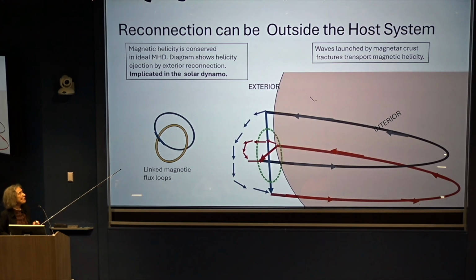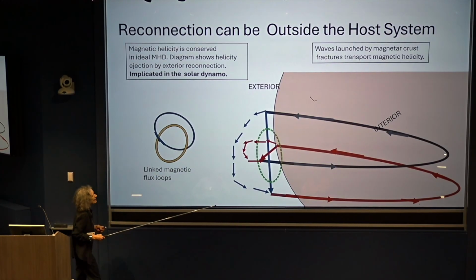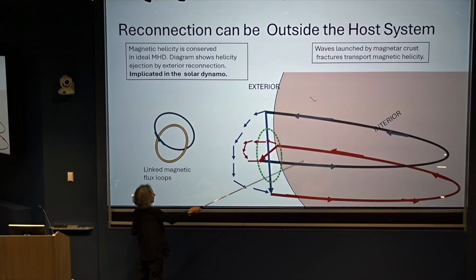But I want to make one more point about reconnection, which is that it can occur outside the host system. So this is a sketch of what it might look like. Here might be the interior of a star, so these loops of field.